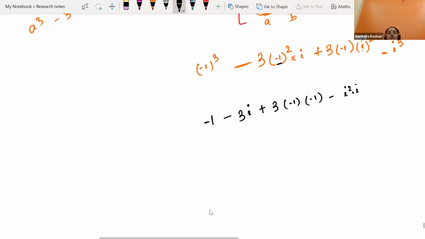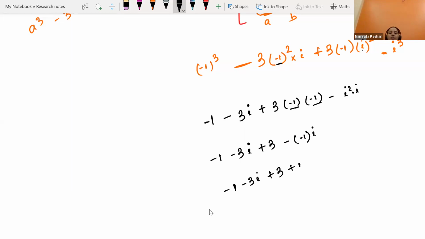Any confusion? So minus 1 minus 3i, and this negative 1 positive, so it is just becoming only 3. Here we are having i square, that is minus 1, into i. Okay, so minus 1 minus 3i plus 3. Here we are having plus i. Did you see it? So minus 1 plus 3.